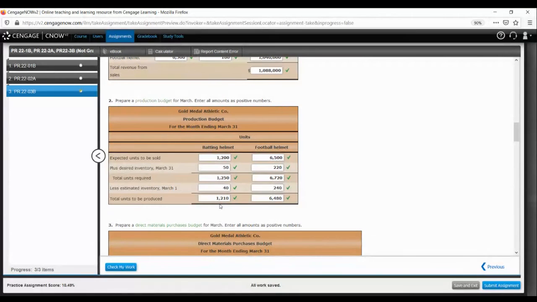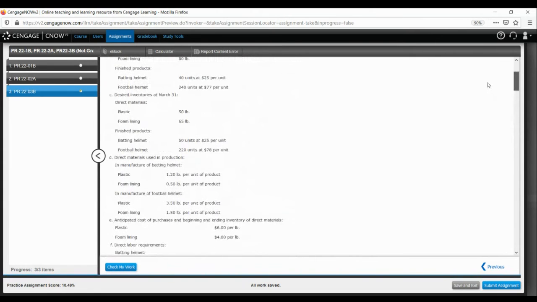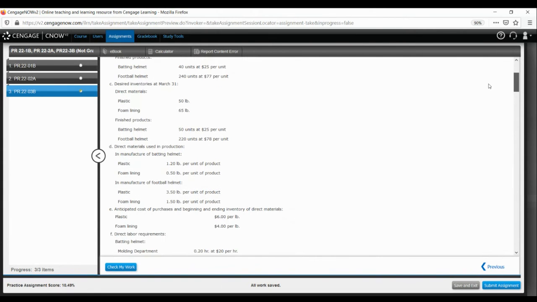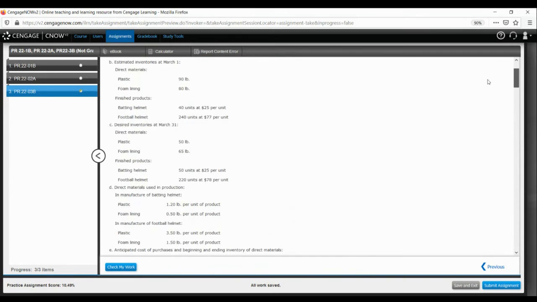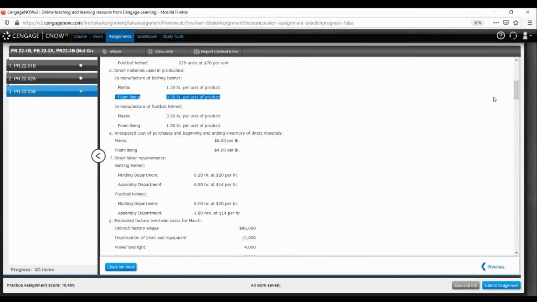I would suggest that you write down, and I already asked you to do this, so you should be able to see on your paper that you are producing 1,210 units for batting helmets, and also write down that you're producing 6,480 of your football helmets. Then we're going to look at how much time it takes us to produce those units in the different departments.